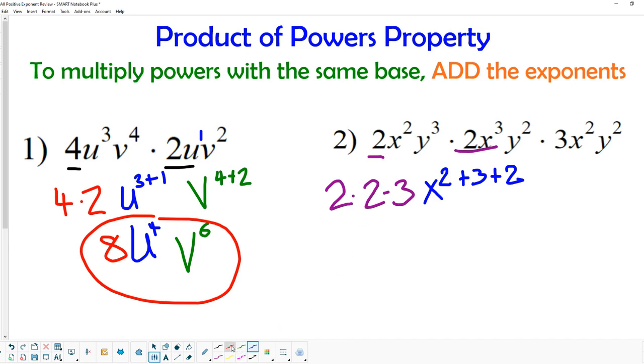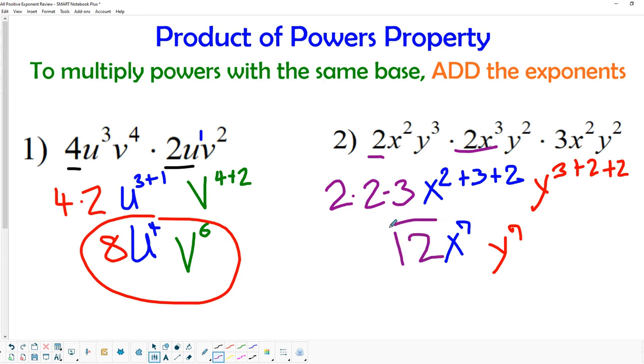And then we have our y values, and they have exponents of 3 and 2 and another 2. So when we simplify it, y to the 3 plus 2 plus 2 is y to the 7th. x to the 2 plus 3 plus 2 would be x to the 7th. And 2 times 2 is 4, 3 times 4 is 12. So that would be that expression when we apply the product of powers property.